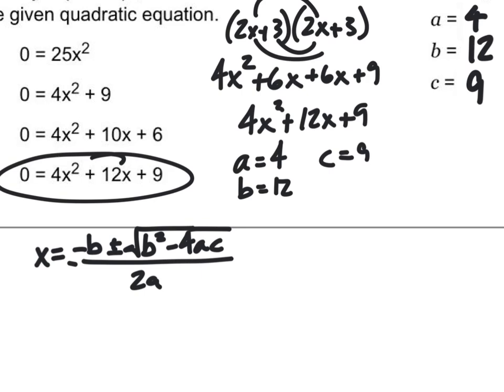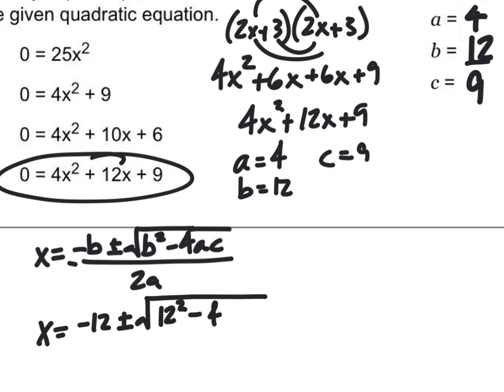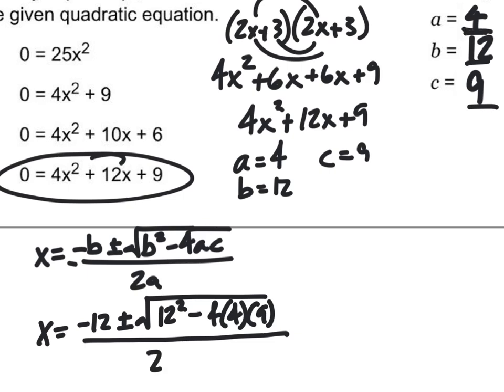So I'm going to write x equals opposite b. So b is 12, so I'm going to do negative 12 plus or minus the square root of b squared. So that's going to be 12 squared minus 4 times the value of a, which is 4, and then times c, which is 9, and then all over 2 times a, which is 4.